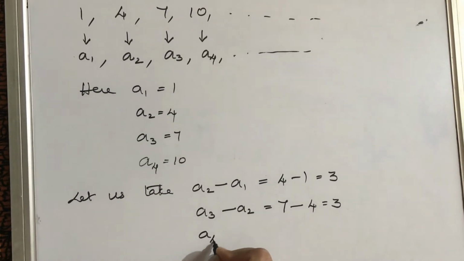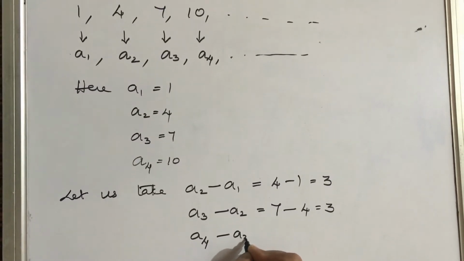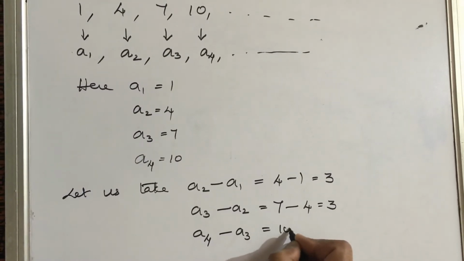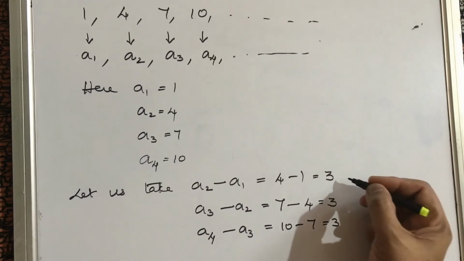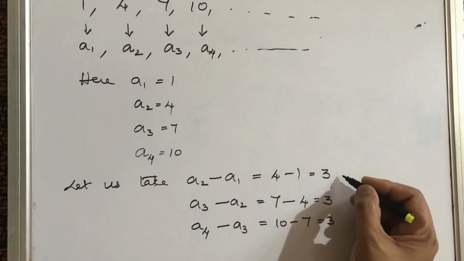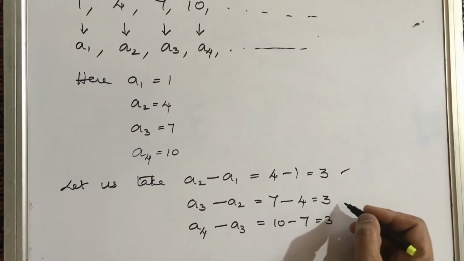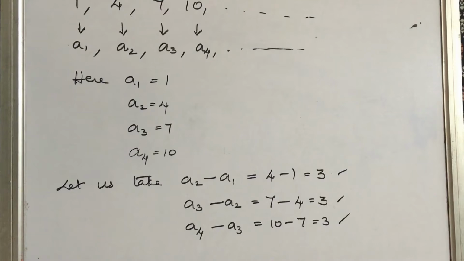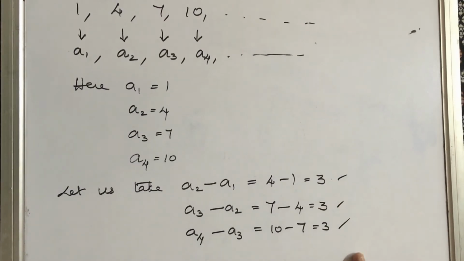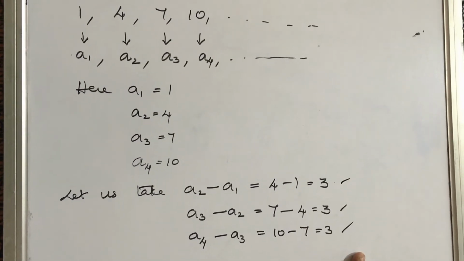Similarly, A4 minus A3 is 10 minus 7, which is 3. So A2 minus A1 is 3, A3 minus A2 is 3, and A4 minus A3 is 3. See, all these differences are the same.